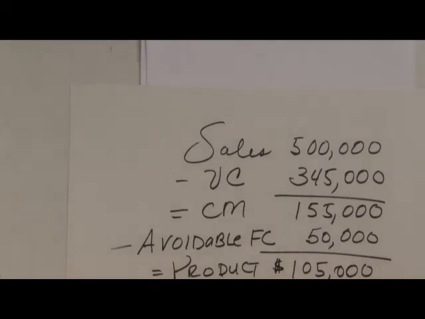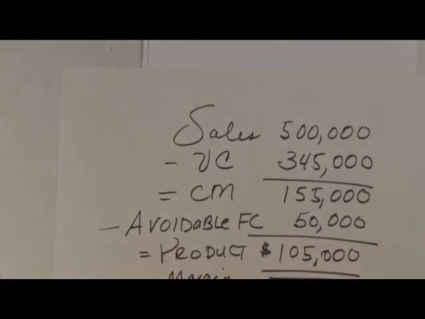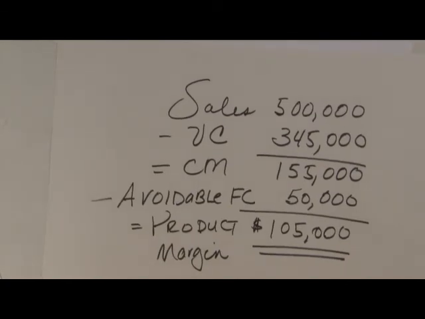and it is positive. What this product margin tells us is that this particular department is contributing, it alone is contributing $105,000 to the overall profitability of the company. Close this department in error, that would cause us to drop our profits by $105,000.